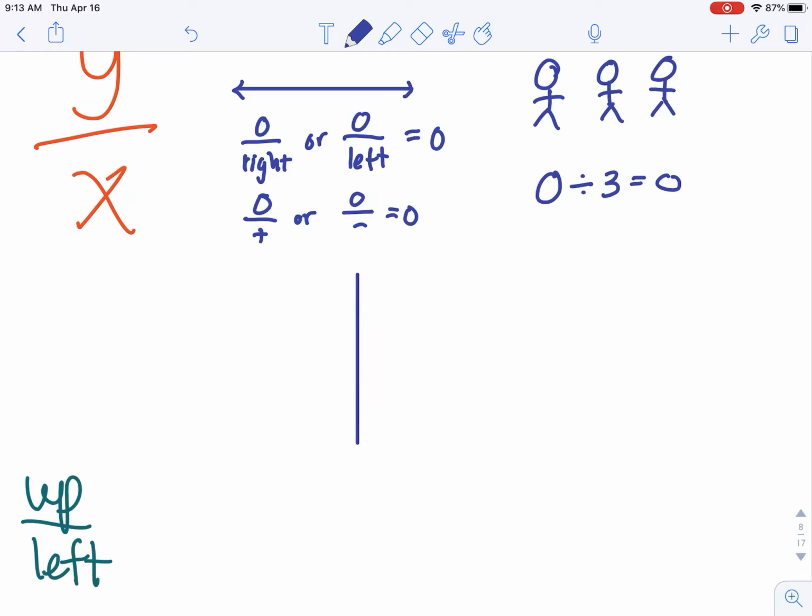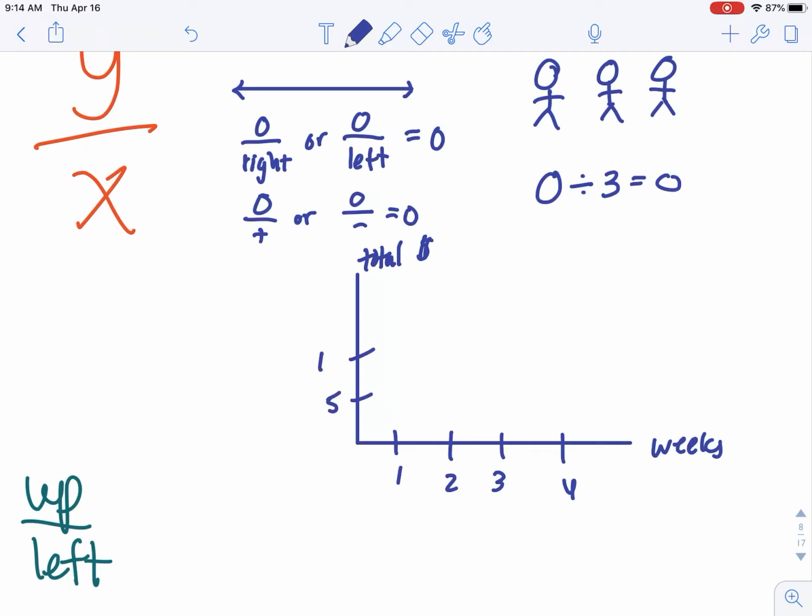If I have a graph, and this is total money, and this is weeks, okay? What could happen is 1, 2, 3, 4, and this could be 5, 10, whatever. Let's say the first week I earn $5 and I have $5. But after that, my business crashes and nobody buys anything else. Okay?